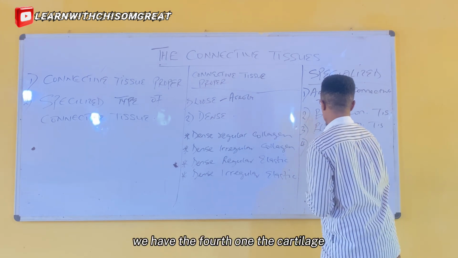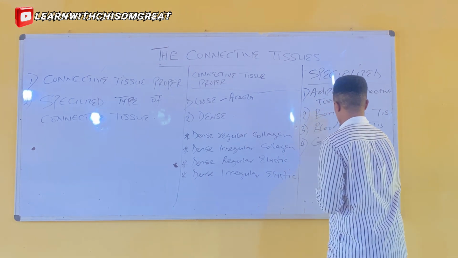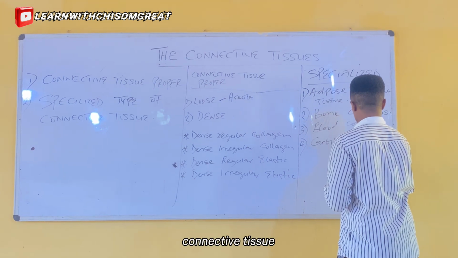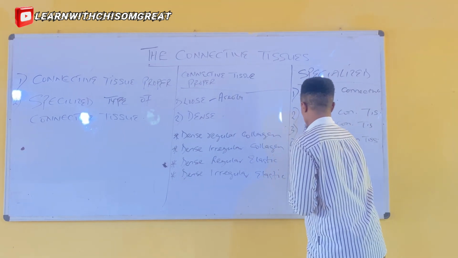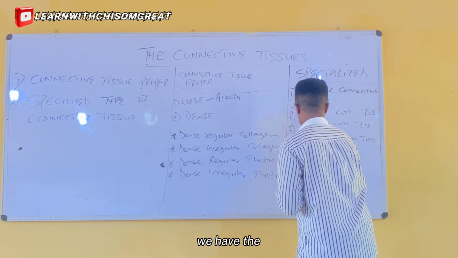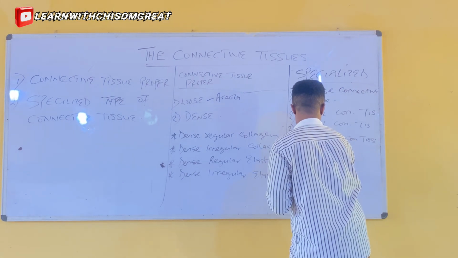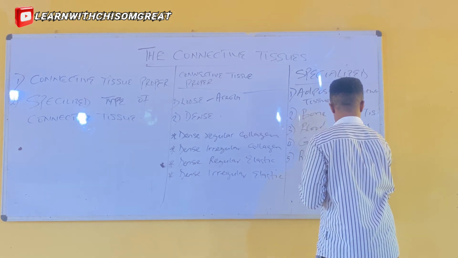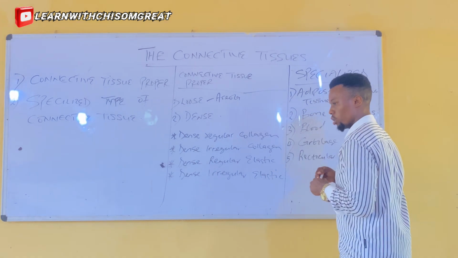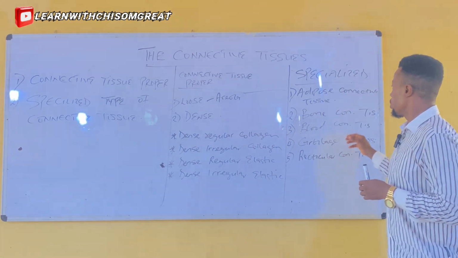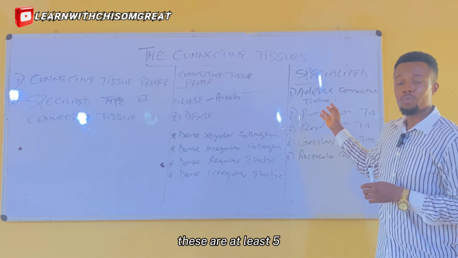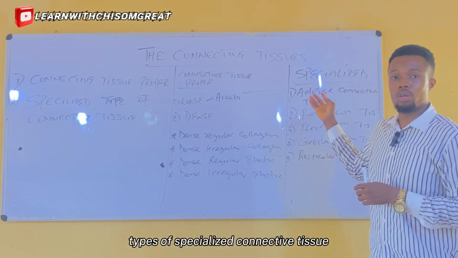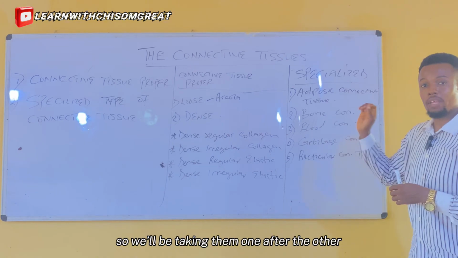We have the fourth one, the cartilage connective tissue. We have the reticular connective tissue. So these are at least five types of specialized connective tissue. So we'll be taking them one after the other.